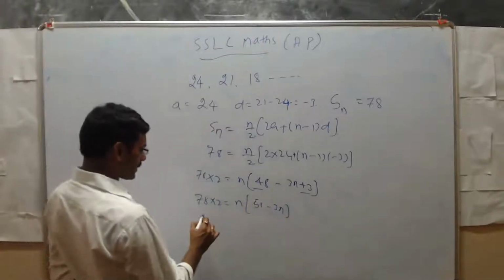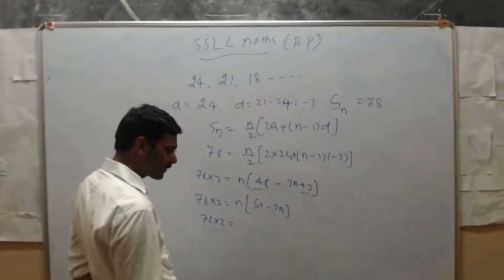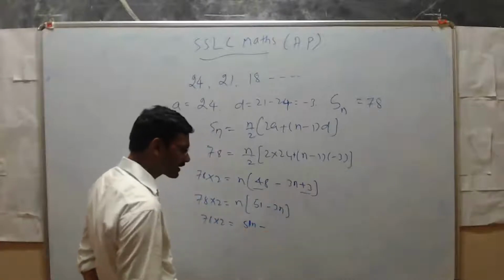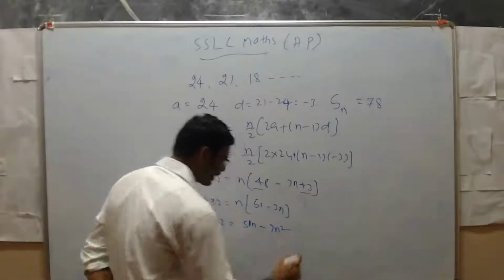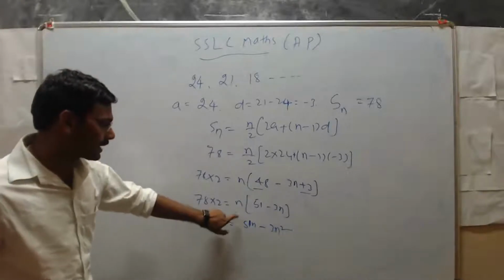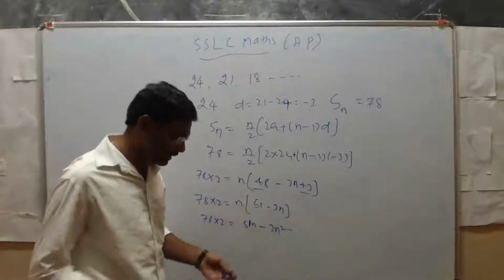Then 78 into 2 equals 51n minus 3n square.